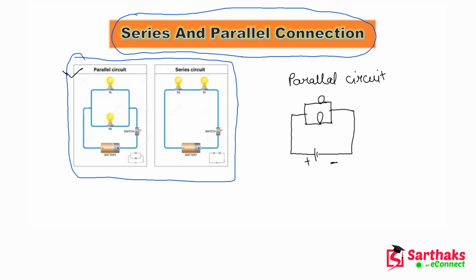So why are we calling it a parallel connection? Because as you can see, let's suppose this is the negative terminal of this bulb and this is also the negative terminal of this bulb.